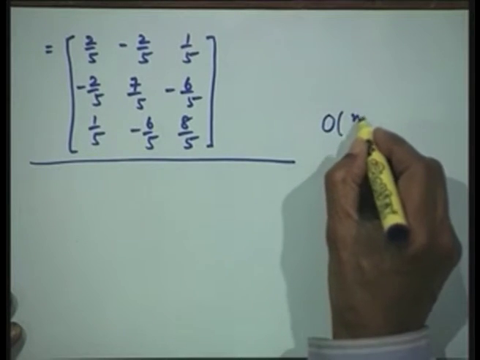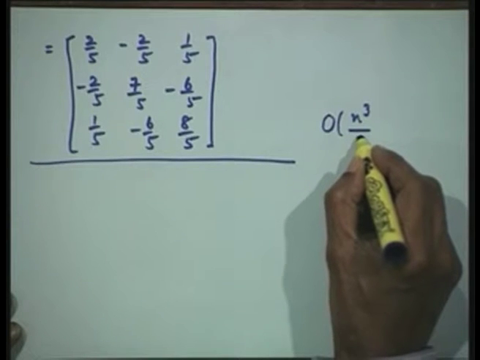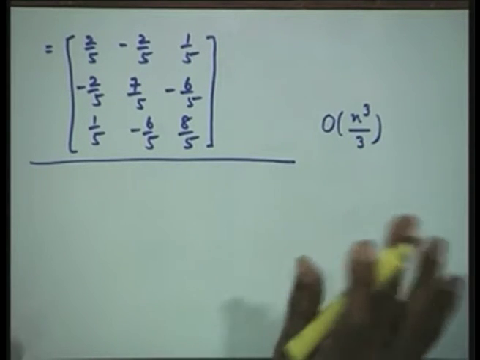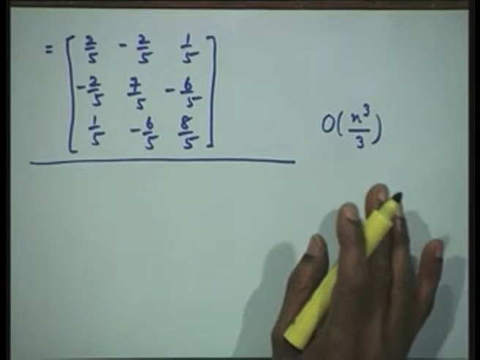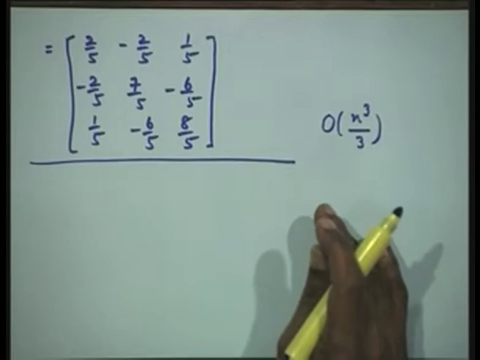We are going to show a little later that the computational effort for the Gauss elimination or the decomposition is of the order of n cubed by 3 for n sufficiently large. That means if I solve the problem 100 by 100 and I solve a 50 by 50, the amount of computation is at least of the order of magnitude of 4 times. So if one problem takes 2 minutes, the other problem could take somewhere 6 to 8 minutes. So the time taken by doubling a system is much higher.